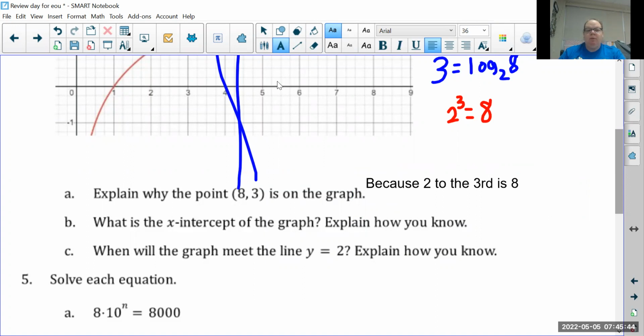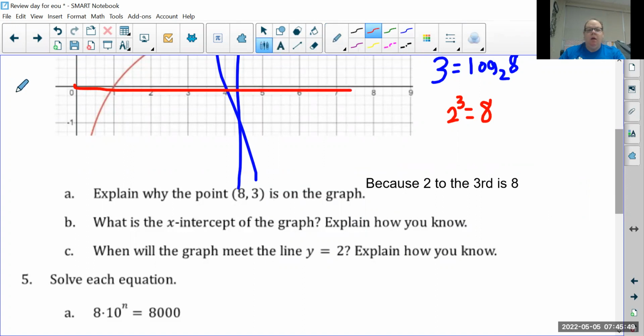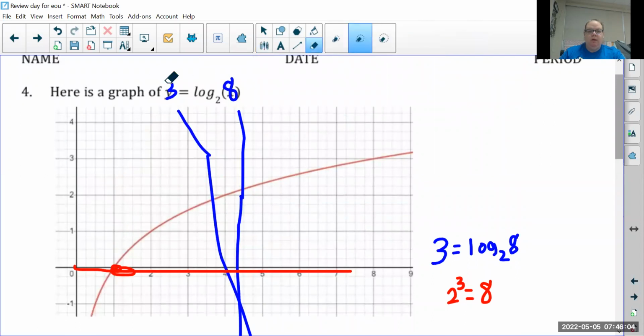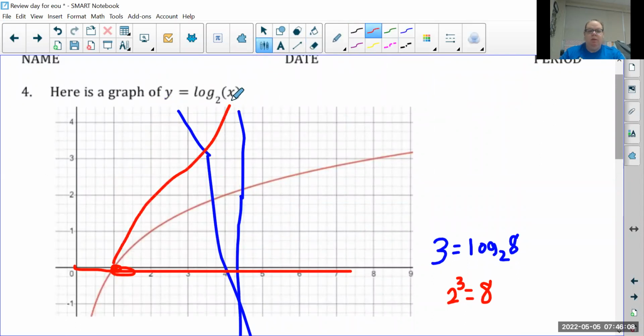What is the x-intercept on the graph? Looking at the x-axis, it crosses right here at 1, which we should know. If we plug in 1 for the x value, because it says explain how you know, that would be what equals log base 2 of 1.